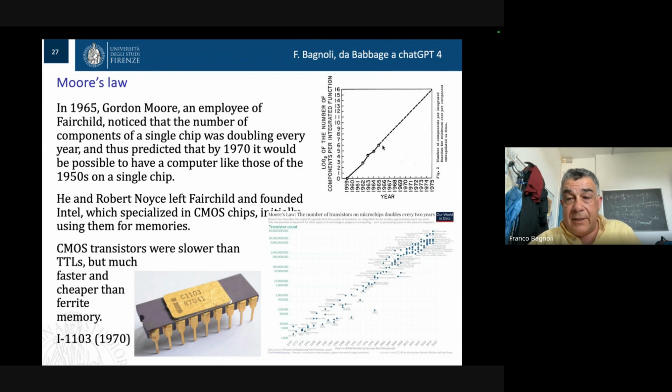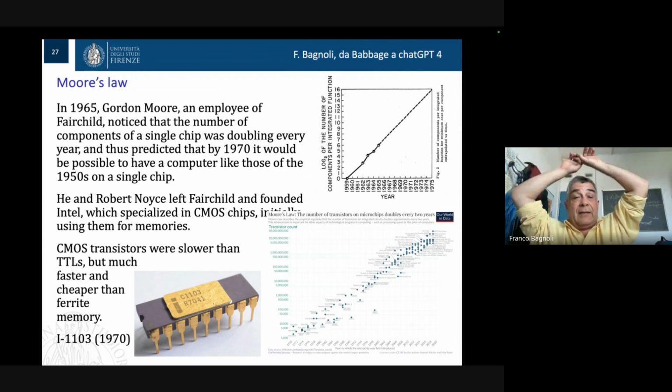This is the first Moore graph, extrapolating this growth for at least some 10 years. Actually, Moore's law continued essentially up to now, doubling the number of components every couple of years.